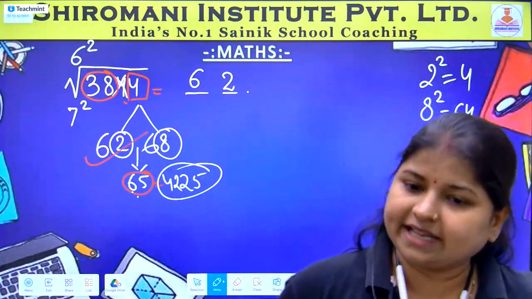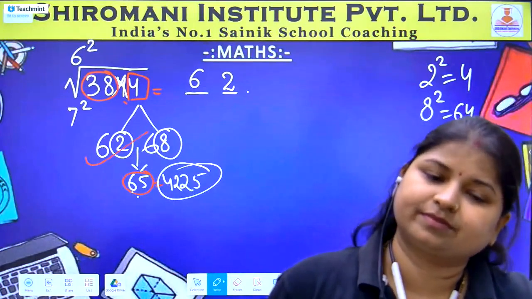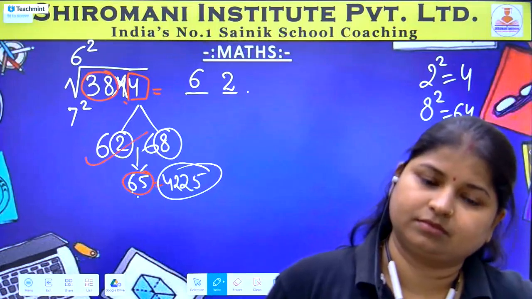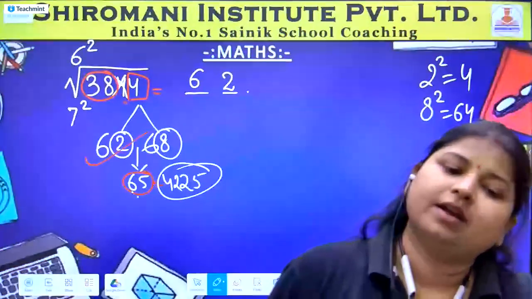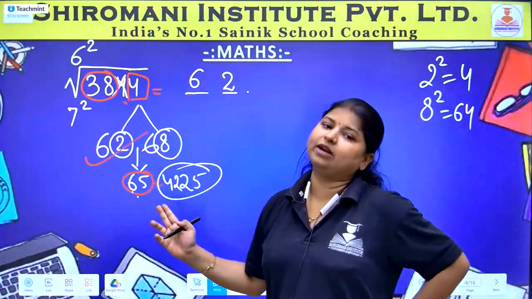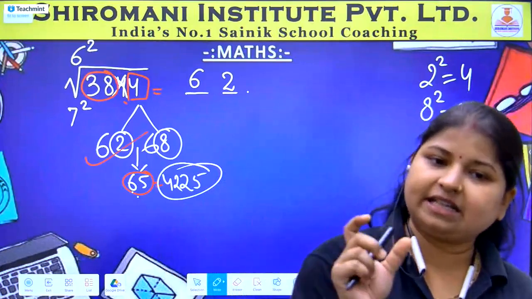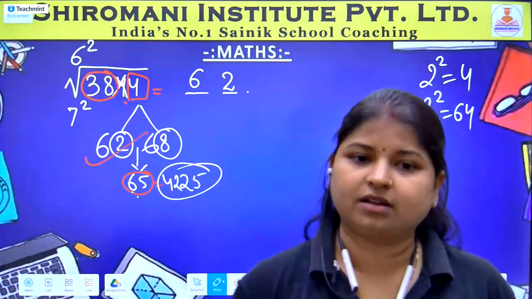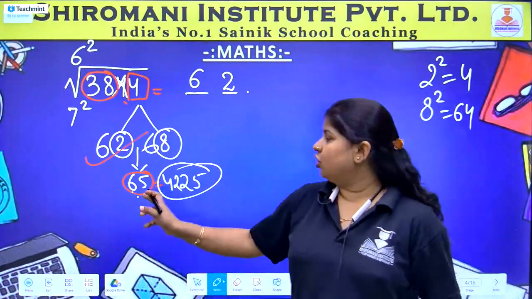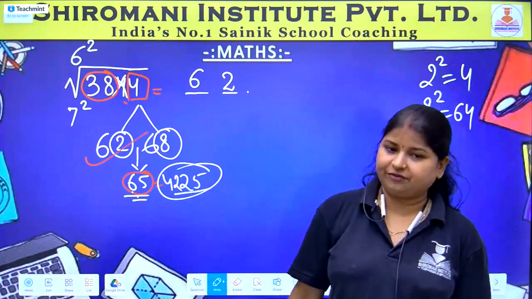Okay? Anything else, beta? Yes, Prisha? Ma'am, I did not understand the last step. Beta, the last step is, when you get the two numbers, calculate the square of the middle number. So 65 ka square is 4225, right?